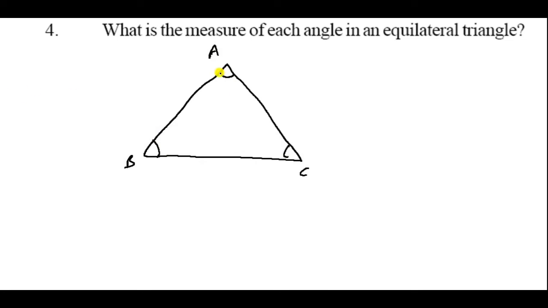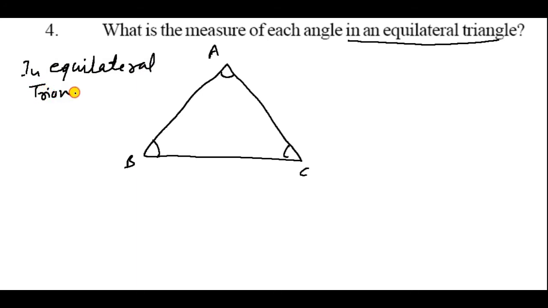So you can write here, in an equilateral triangle, all the angles, angle A is equal to angle B is equal to angle C.